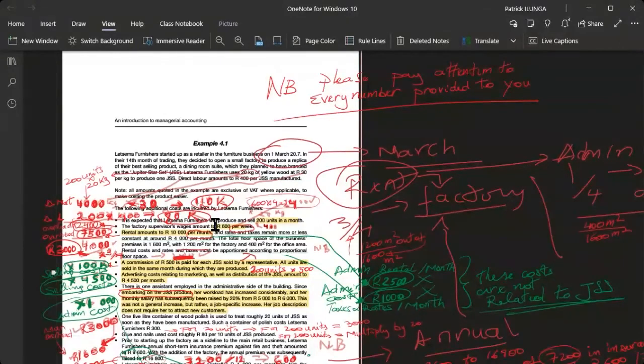They say that they use 20 kg of a yellow wood that costs 30 per kg. So I can see that to produce one, you need 20 kg of wood. The direct labor you need to produce one of those sets is 400, right?